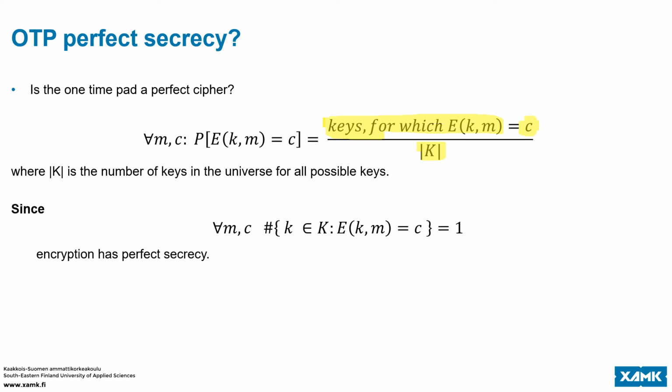Since the key in one-time pad is always as long as the message itself, there is always exactly one key that maps a particular message to a particular ciphertext. So that means in practice that this encryption using the one-time pad actually achieves perfect secrecy.